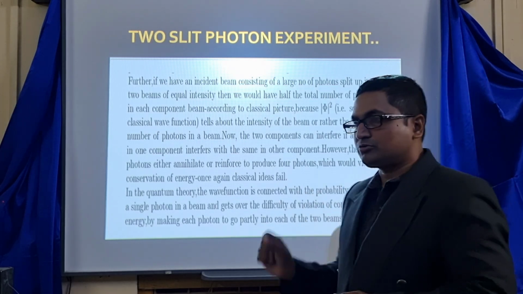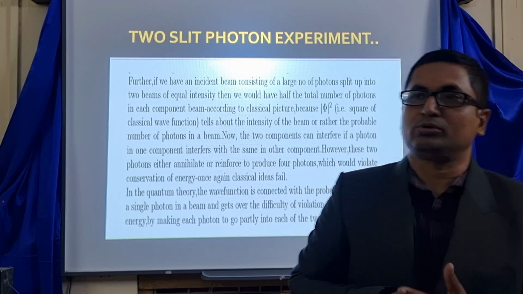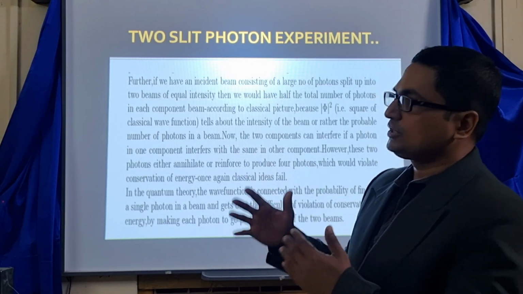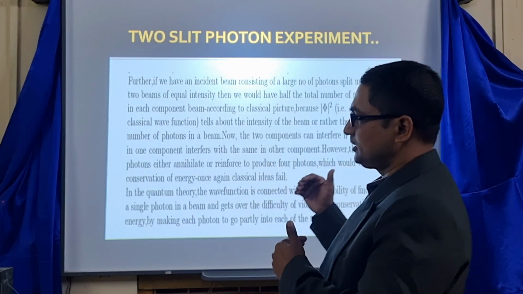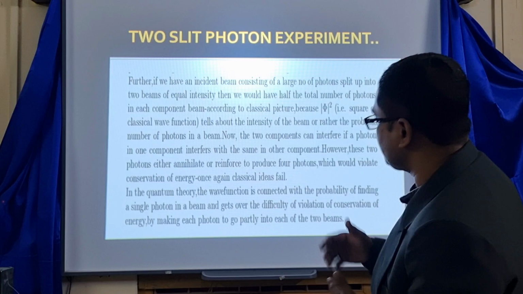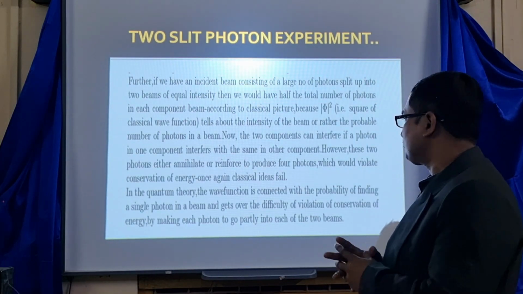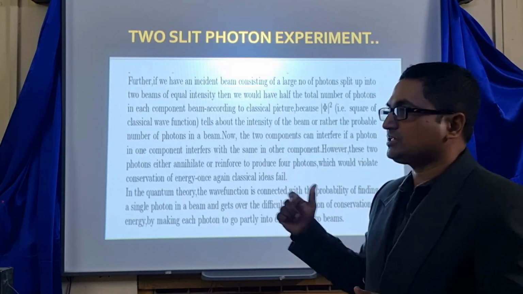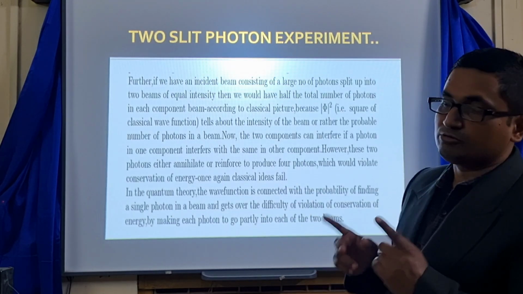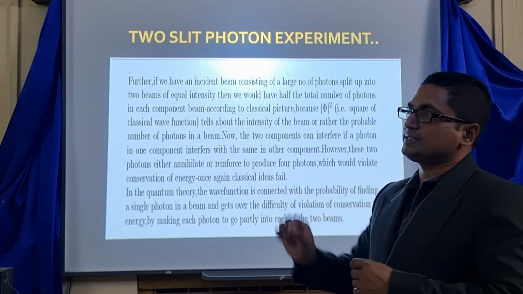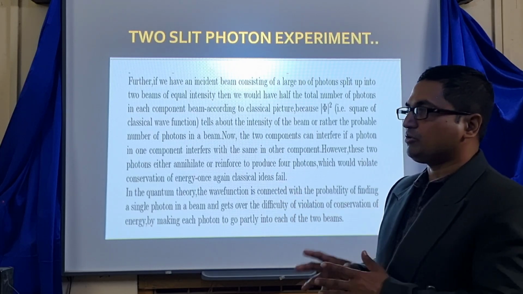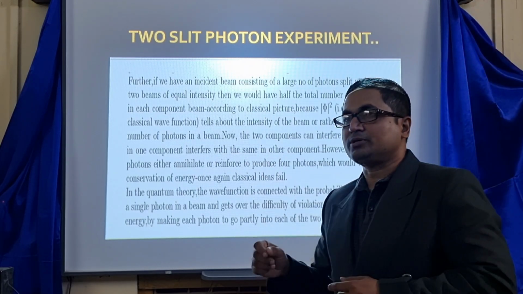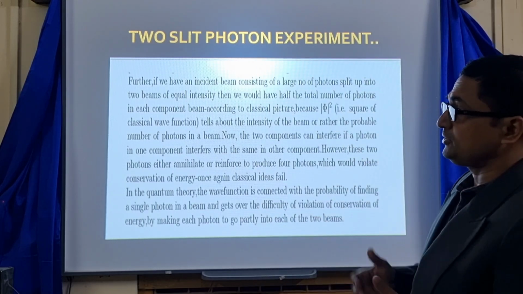So the classical explanation, whether in terms of a single photon or in terms of a group of photons, would give us no picture at all. In terms of quantum theory, we can say that a single photon can pass through the two slits equally at the same time, because the state representing passing through S1 and the state representing passing through S2 are simply probabilities.